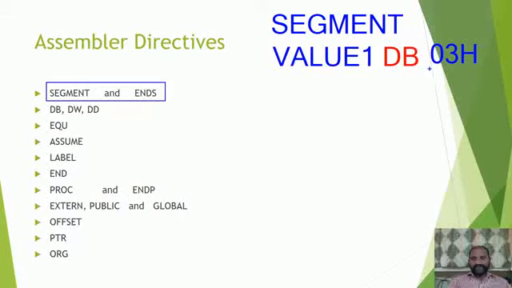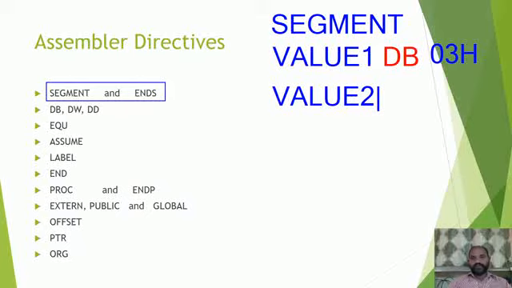And I'm declaring one more variable, since we have two variables now. It is value2, whose value is 06, which is also an 8-bit number.